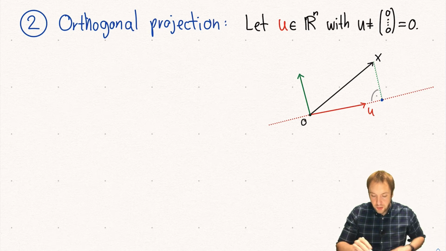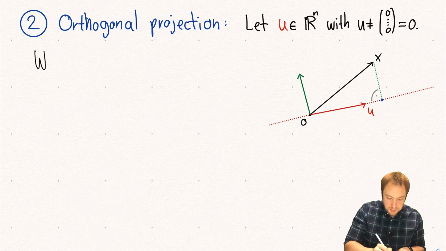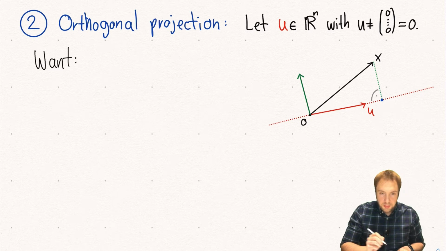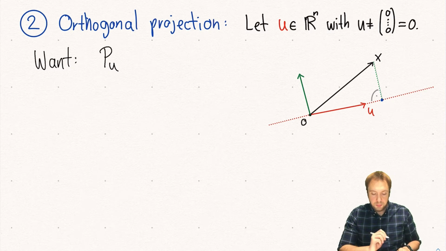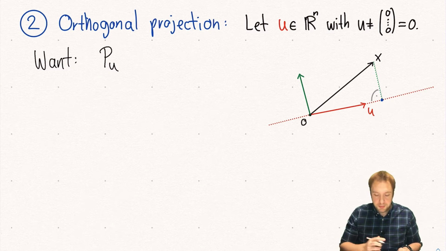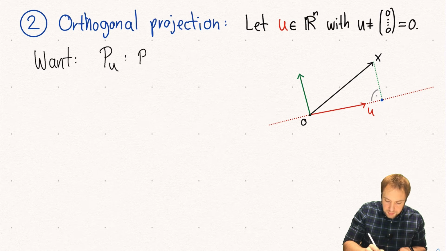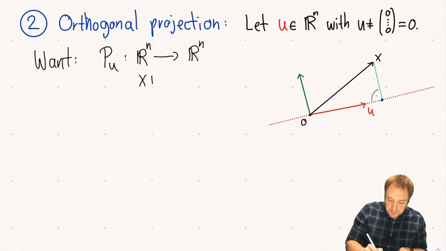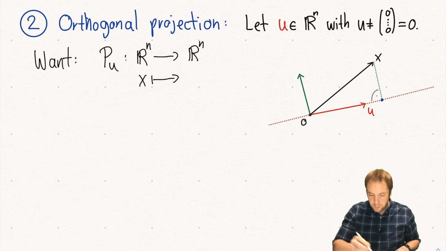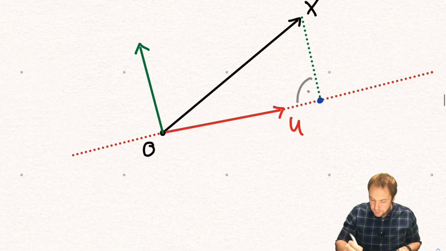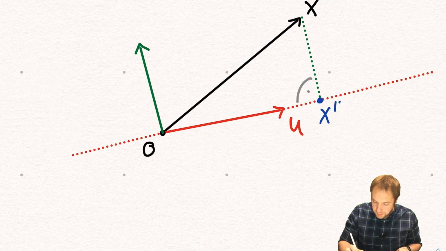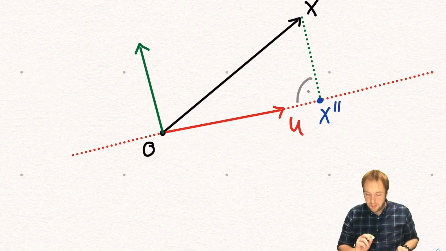And how do we do this? First, we want to call this map pu, projection to the line spanned by u. And this will be a map from Rn to Rn. And we want to send x to, well, now we want to give this point here a name. So this blue part, this point here, we want to call x parallel.